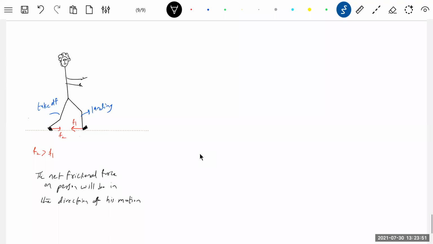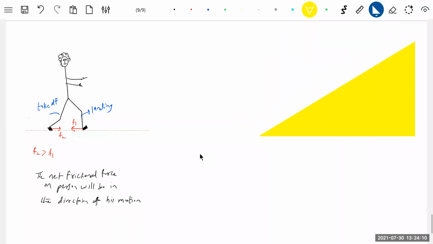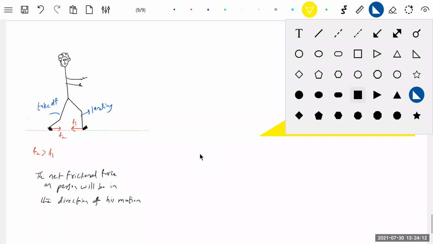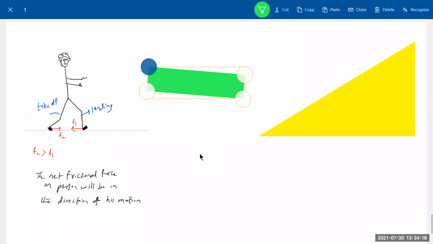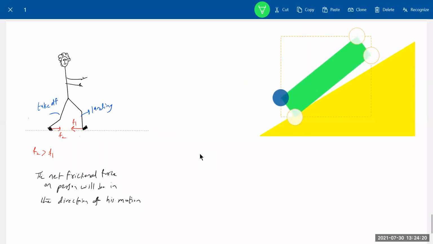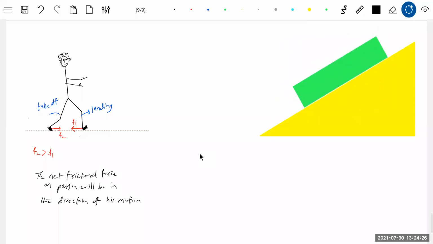Okay, now what are the types of numericals we can expect here, based on this? Okay, let me take a situation. There's a plank I placed and let there be a person.